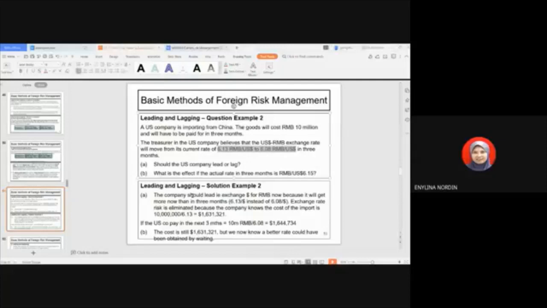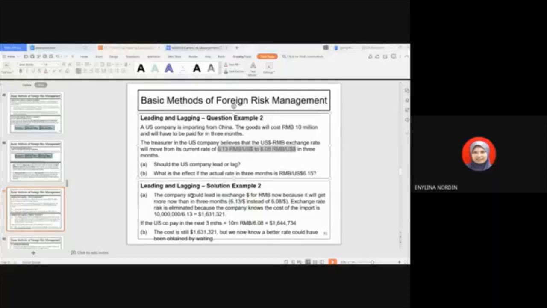The US company has to pay more dollars to pay for 10 million RMB of imports. The value of the import is 10 million, so to pay the 10 million RMB to the China supplier, there will be more dollars needed.